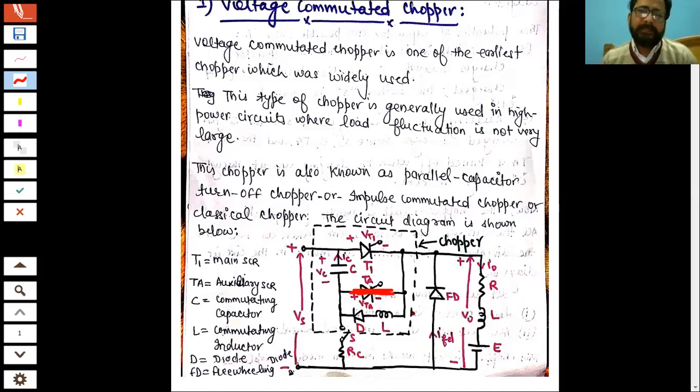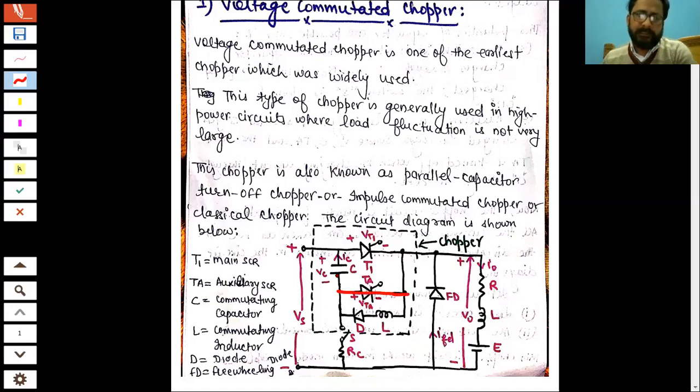Now, ideal element means that these semiconductor devices do not have the on-state voltage drop. That means they do not possess any resistance when they are on, right? So this point will be short circuited here. This is again an assumption, right?